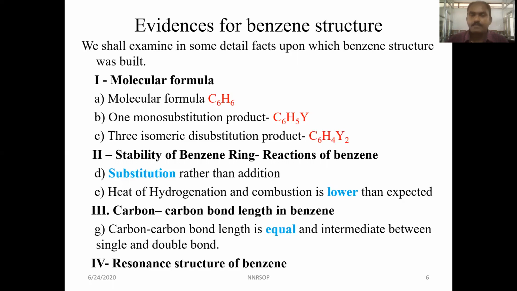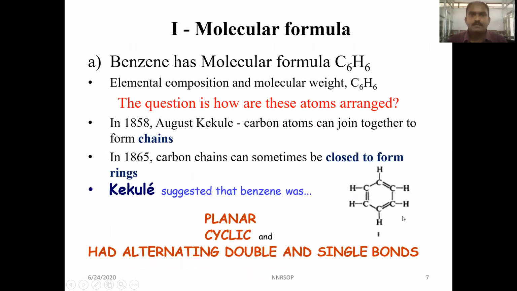The carbon-carbon bond length is equal, and it is intermediate between a single bond and a double bond, and then the resonance structure of benzene. So these are the evidences we are now going to discuss, correlating with the structure of benzene given by various scientists. The molecular formula of benzene is C6H6.